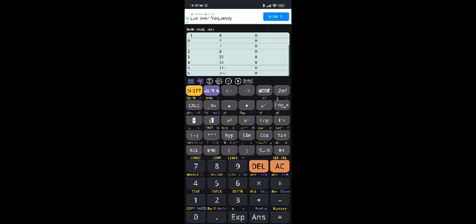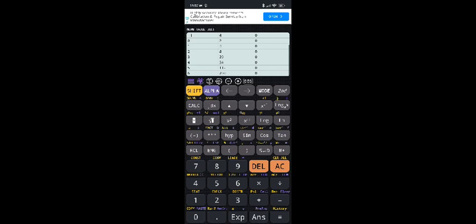Now, here's what you're going to look for. All right. We are going to look at the y-axis, which is f of x. On f of x, you are going to look where f of x is equal to 0. Wherever f of x is equal to 0, that's what we're going to look for.